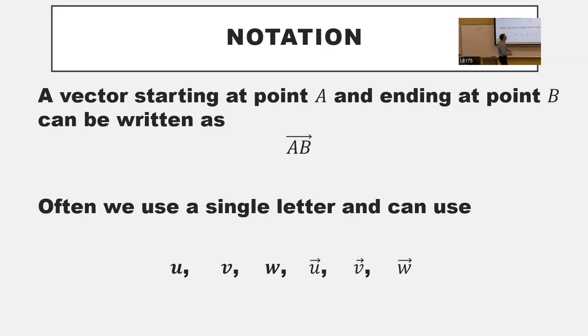Since the A is on the left-hand side, that means we're starting at A. B on the right-hand side means we're ending at B. Oftentimes, once we get into this stuff, we'll use a single letter as a vector rather than from A to B, especially if we're using the standard position vector. We'll just call it a single letter. And common letters that people use for vectors are U, V, and W.